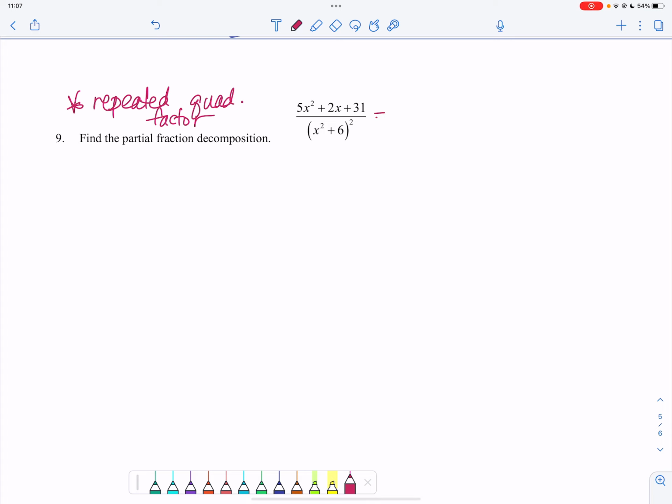We're saying that this is equal to A over just that factor, not squared, plus we now have, that's not right.